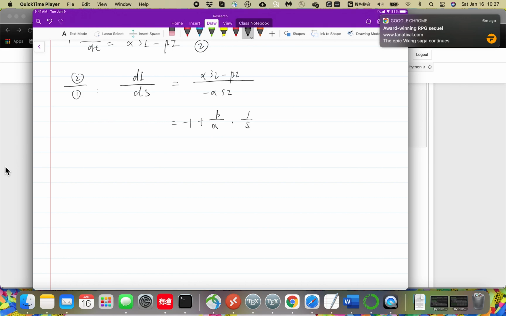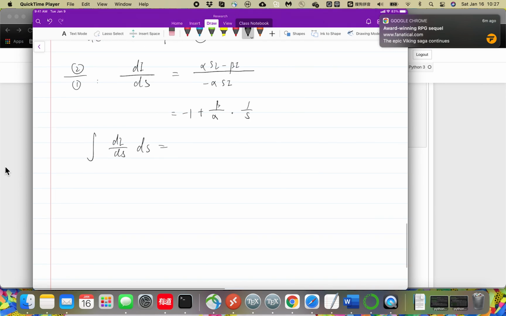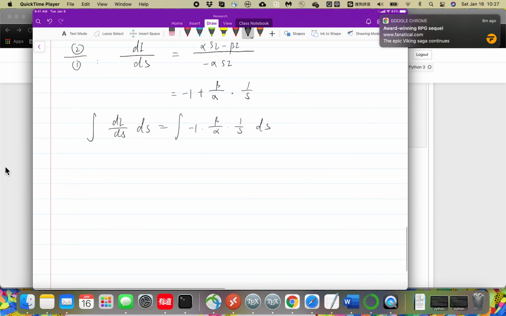So if you integrate both sides, I will put this one first. Or actually, let's put that one first. Then the left-hand side gives you nothing but I, okay, as a function of s, of course. And that's what we need, right? We're doing things in the IS plane.